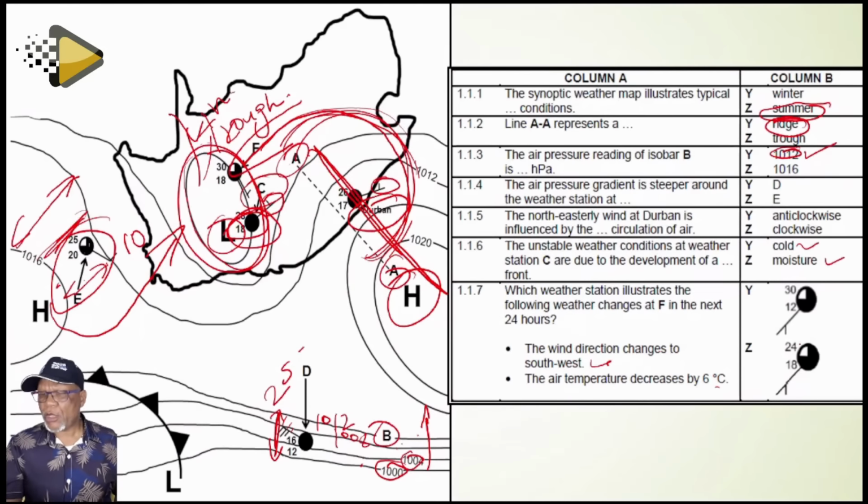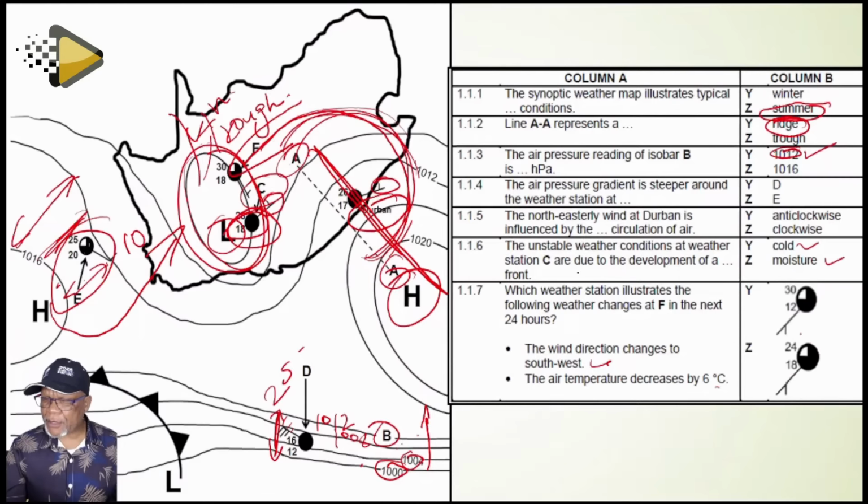So you have to say where we are going to have the wind direction change to southwest and the air temperature decrease by 6. So now, at this point, for condensation to take place, the temperature is going to drop from 24, then to 23, then 22, then 21 and 20, then 19 and 18.